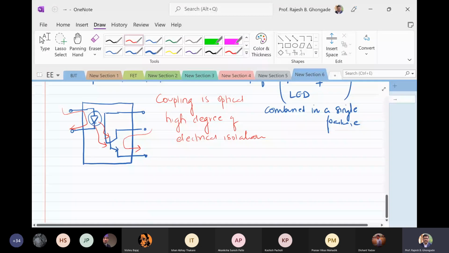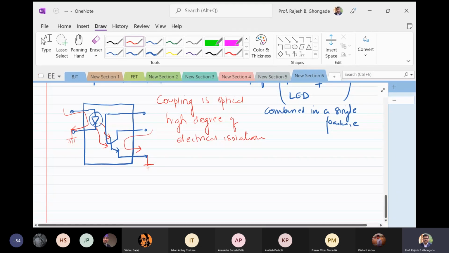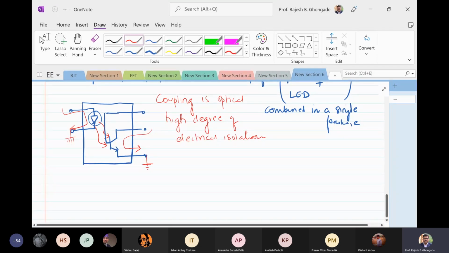Okay, you can have different ground here. You can have different ground here. So we have a tremendously high degree of electrical isolation. That is the reason why this device is also called an opto coupler or opto isolator.